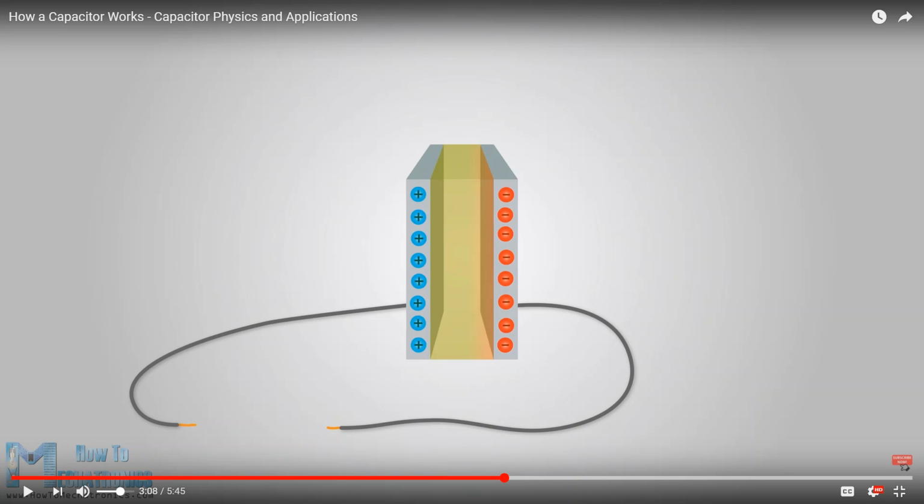Because the charges are pulling on each other, they actually stay on the plate. I mean, you could short this, and then they'll go zoom all the way across and discharge back into the other plate. Or you can use a load, and if you touch this, you'll get the shock. But essentially, there are no charges that can go this way, and they're being attracted towards the positive end. Therefore, the charges are held.